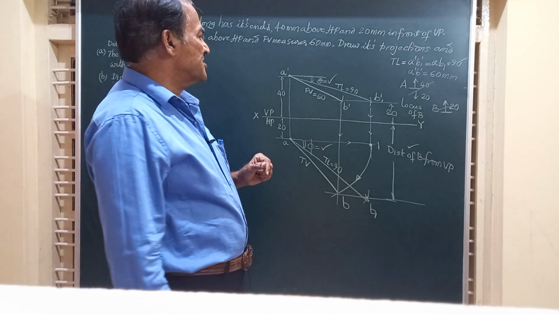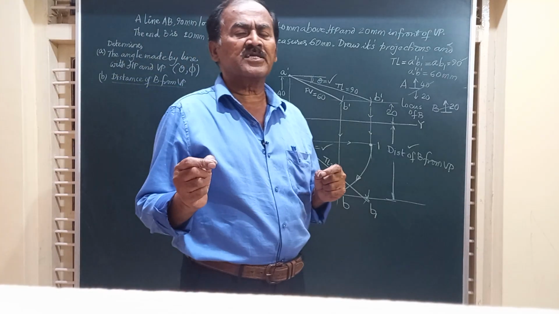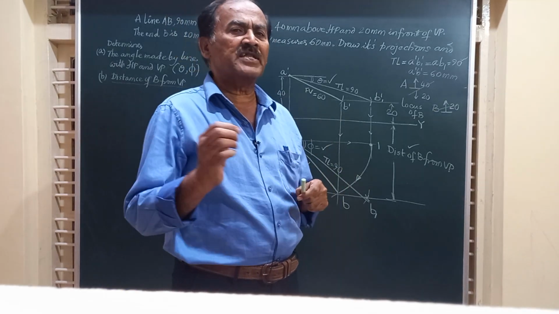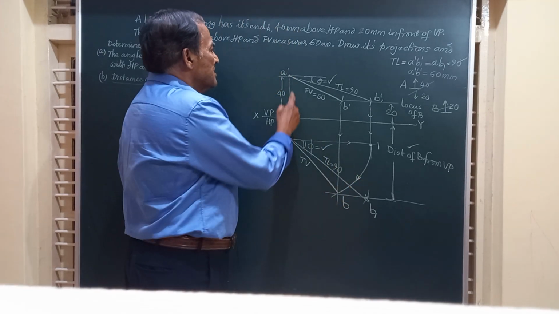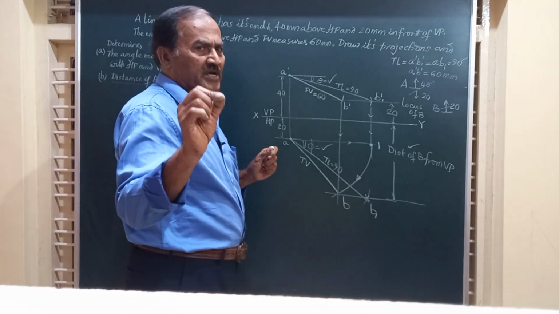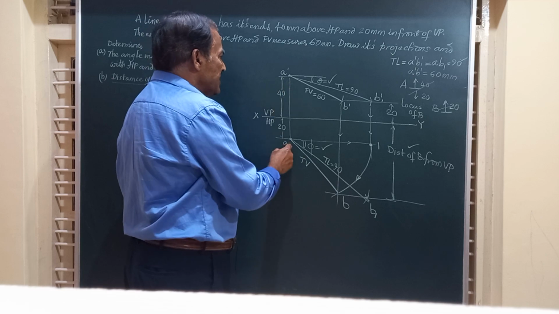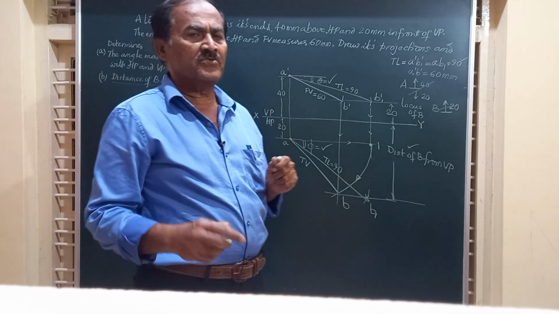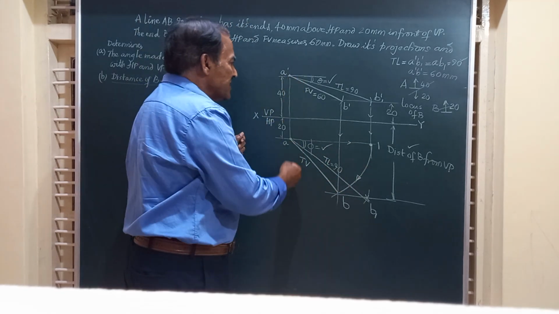What else can be asked in this question is, they might ask you to find out the distance between the end projectors. Friends, what is the meaning of end projector? We should know. The line joining the front view and top view of an end of a point is called an end projector. So here I got A dash and A, the front view and top view, the line connecting these two, which is an imaginary line, that is called one of the end projectors.